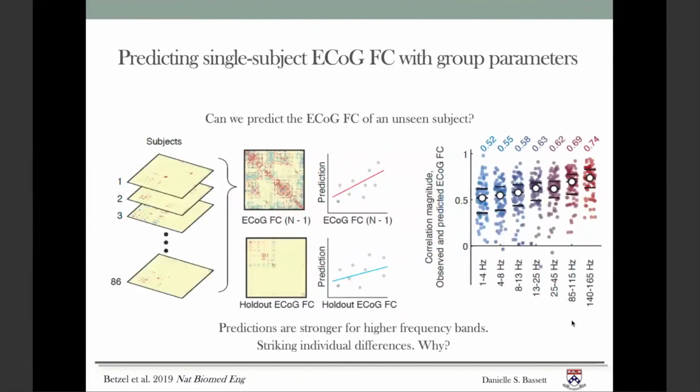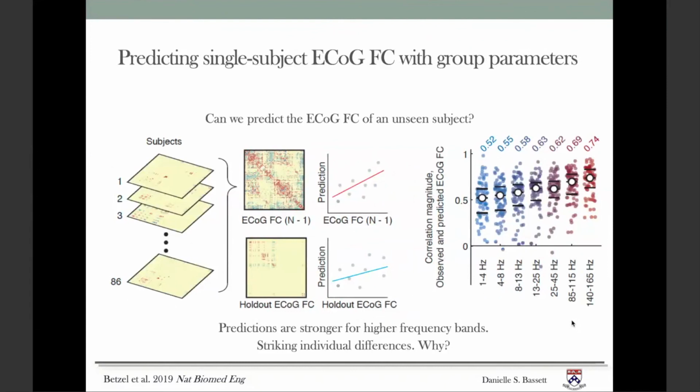But the second observation that I think is important is that there's a large amount of individual variability. So some people, we can predict their functional connectivity very well from the group information, and then others we can predict very poorly from the group information. At the moment, we don't understand what it is about a single subject that allows us to predict really well or to predict very poorly.